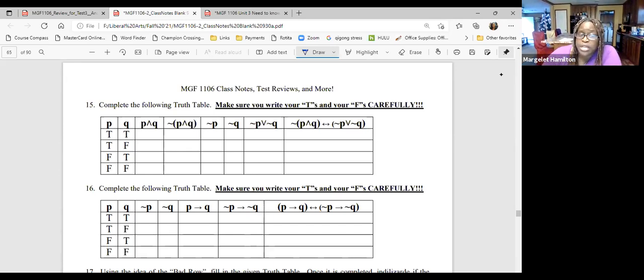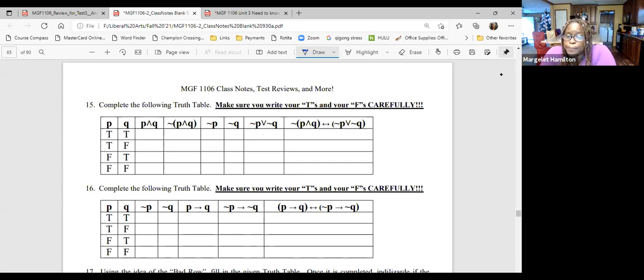This is important because you may at some point have to do your own truth table. You got to know how to set these things up. So make sure you don't leave anything off due to the fact that you're not paying attention to how many letters they give you. They can only give you 2 or 3.